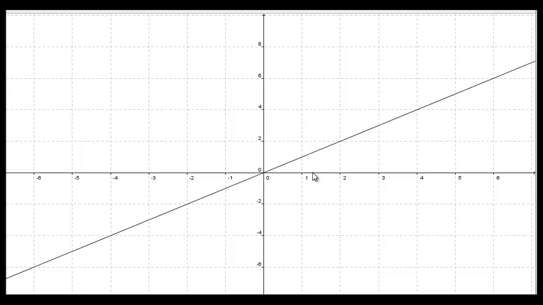Now I'm just going to draw the original function that we were looking at before, that being y equals x squared. Now when I draw the inverse function, we'll see that the inverse function is just a reflection of the original function across this line.